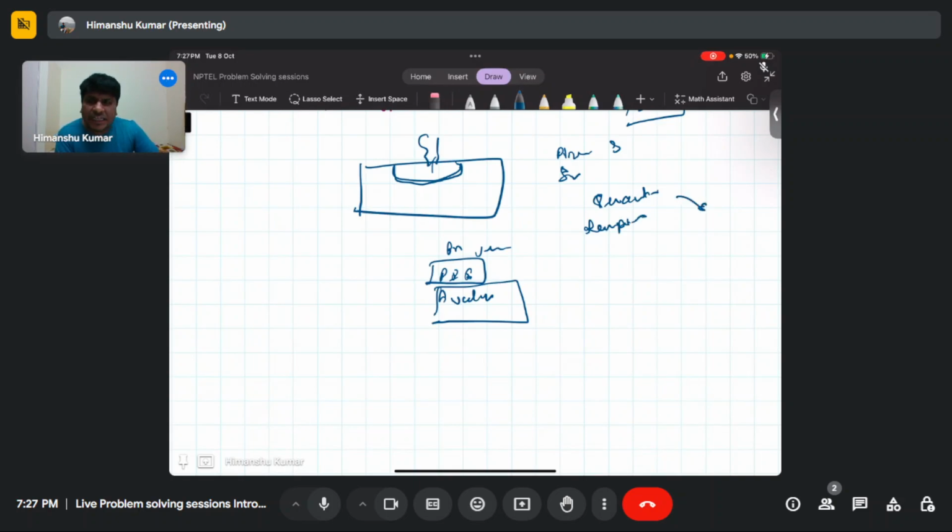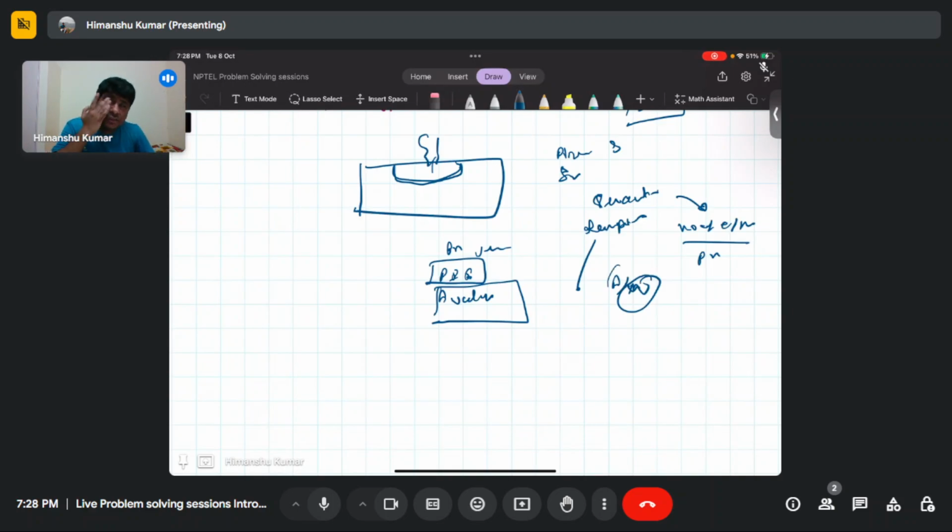Quantum efficiency is the number of electron hole pairs generated per unit photon flux, or per unit input power. Responsivity is defined as how much current you generate per unit input power, and its unit is ampere per watt.